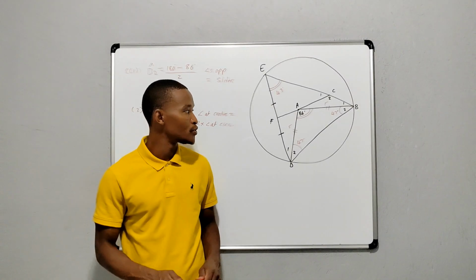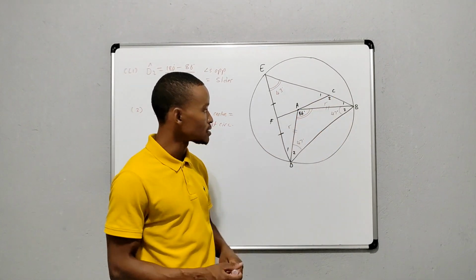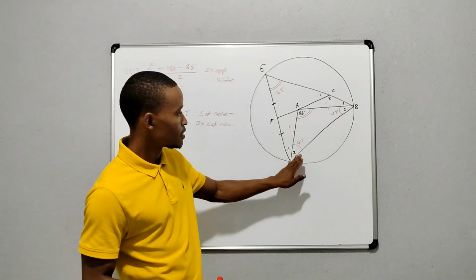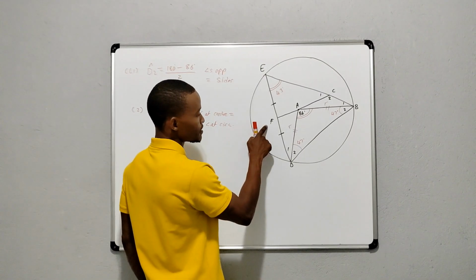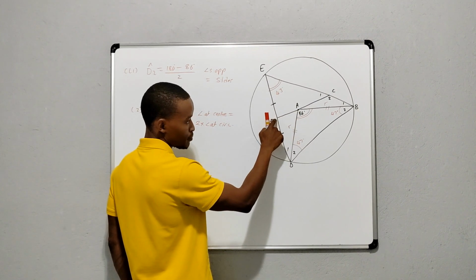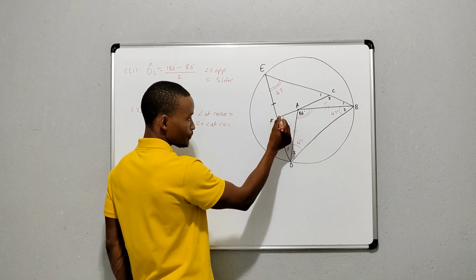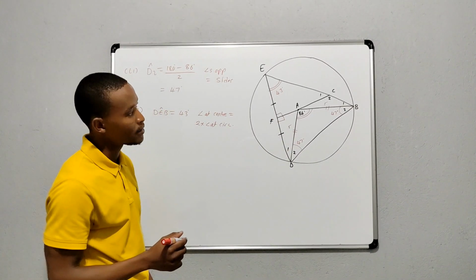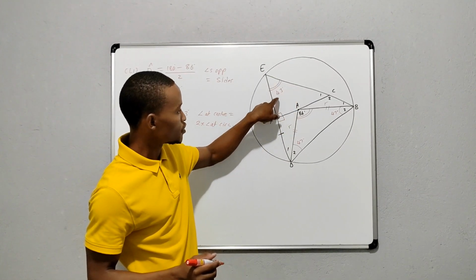Now we are asked to prove that DACB is a cyclic quad. Already we have some angles to play with. However, knowing that F is a midpoint and A is the center of the circle, a line from center to midpoint of chord ED will make a 90-degree angle definitely right there at point F. So in this triangle, we have the 2 angles.